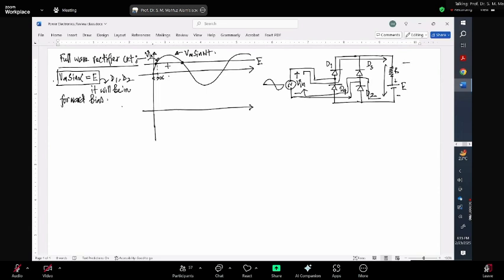So what will happen to the output voltage then? Before this point, what will happen to your output voltage V naught? Since there is no current here, there will be no drop across the resistor. So your output voltage would be equal to your battery voltage, right?